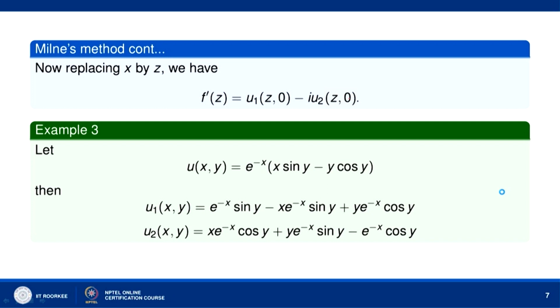Now, let us replace x by z. So, we get f'(z) equal to u1(z, 0) minus i u2(z, 0). This is how we prove this result.